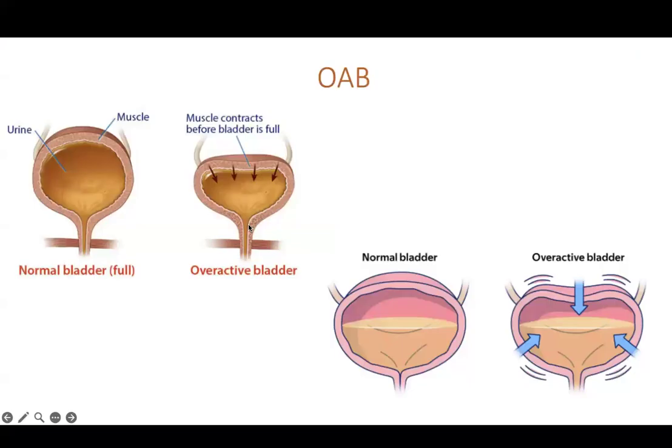The urethra becomes open due to relaxation of the sphincter muscle, and becomes open during raised intra-abdominal pressure. So this is the main stress and the sphincter.